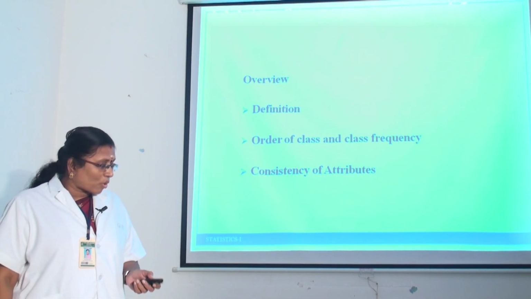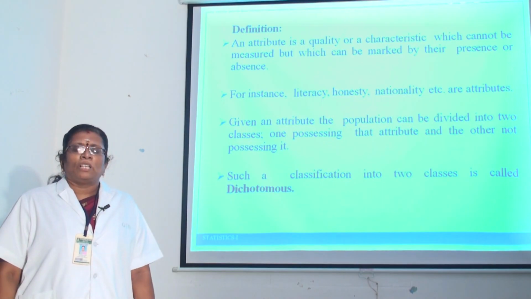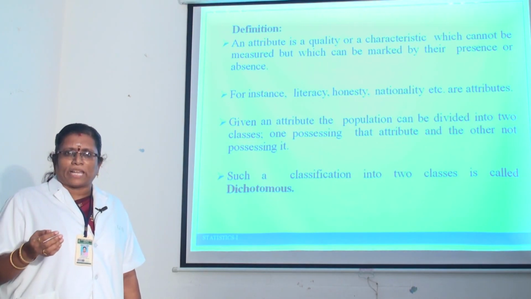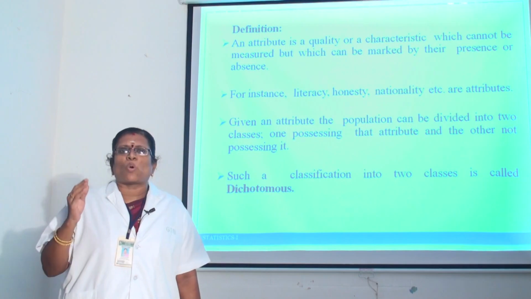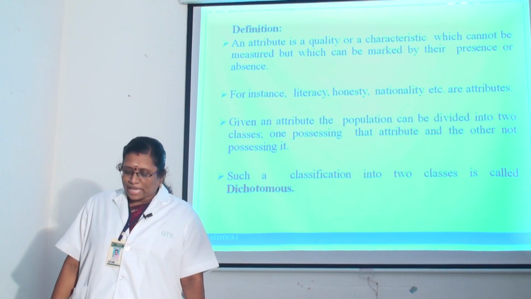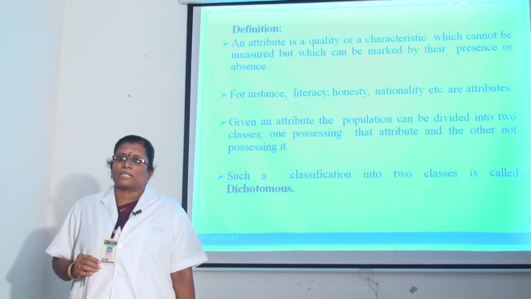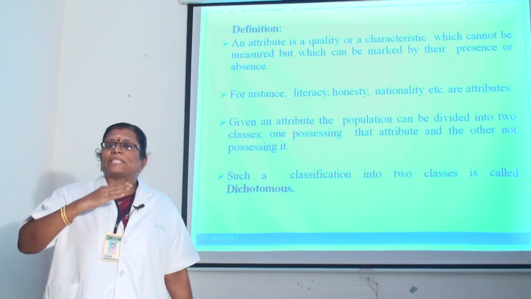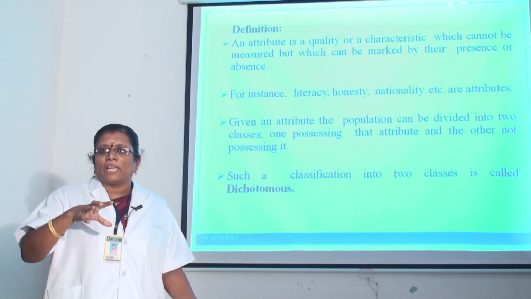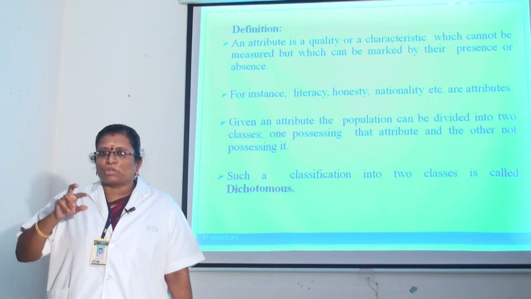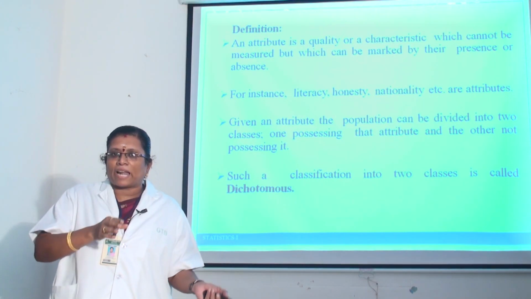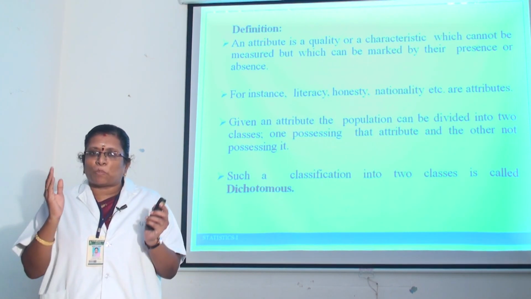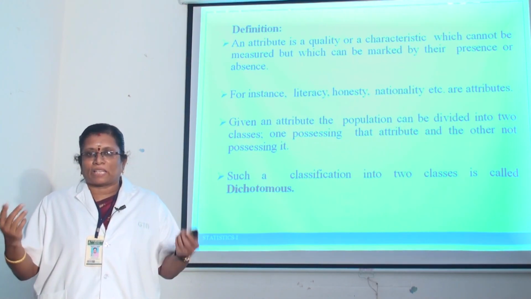Okay, so first let us go with the definition. I already told that it is nothing but simply qualitative. The presence of a positive thing is known as an attribute. Two things are there: one is presence, another one is absence. That is possessing, non-possessing, like that we can say.